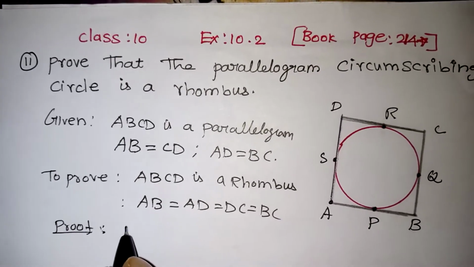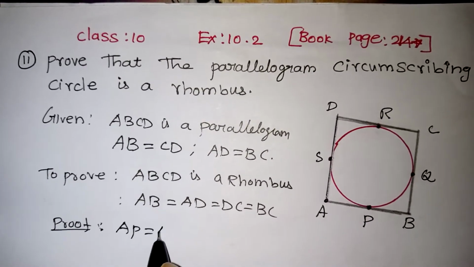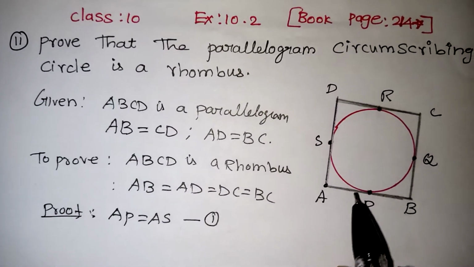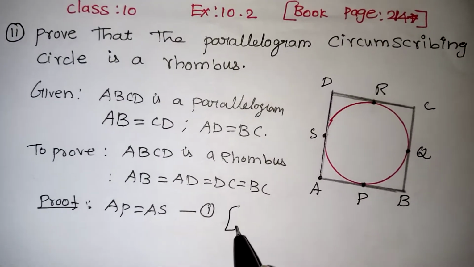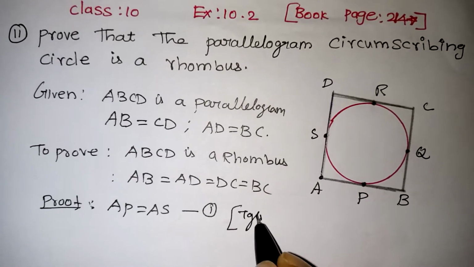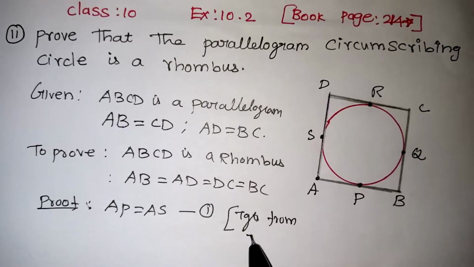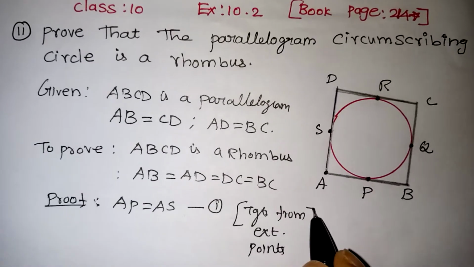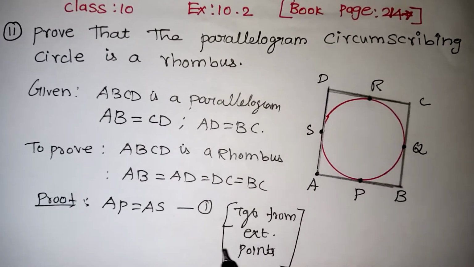Then we can write AP is equal to AS. That is our first equation. The reason is tangents from exterior points are always equal. According to this rule only we are writing.